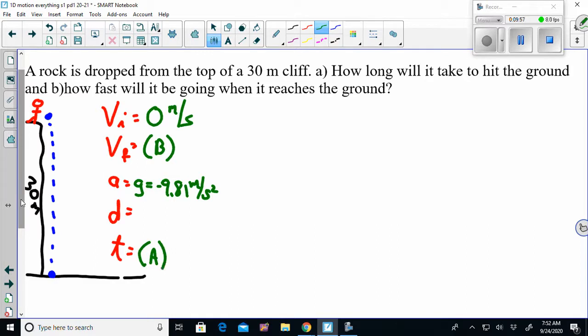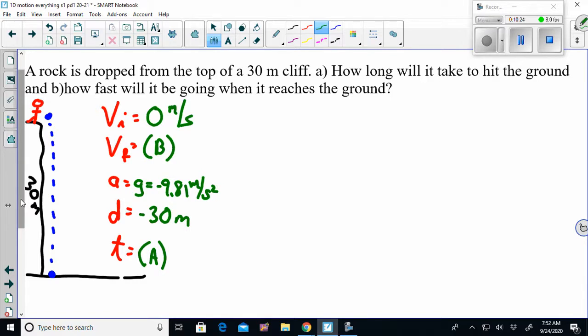So I must know the displacement. This is where you got to be careful. The displacement, it starts up at the top and it goes down. It has a negative displacement of 30 meters. You got to be very careful about the positives and negatives, your directions in these problems.